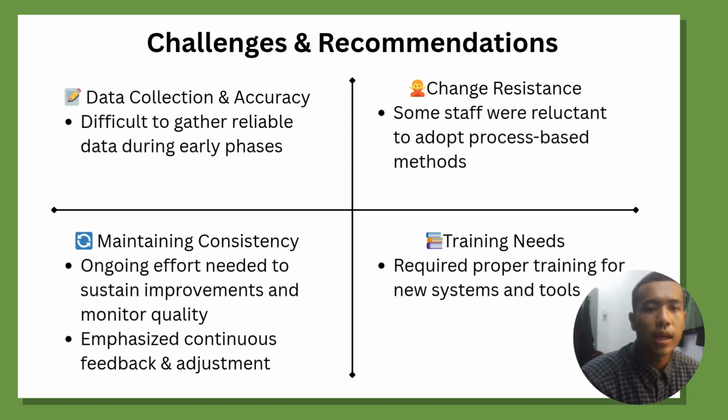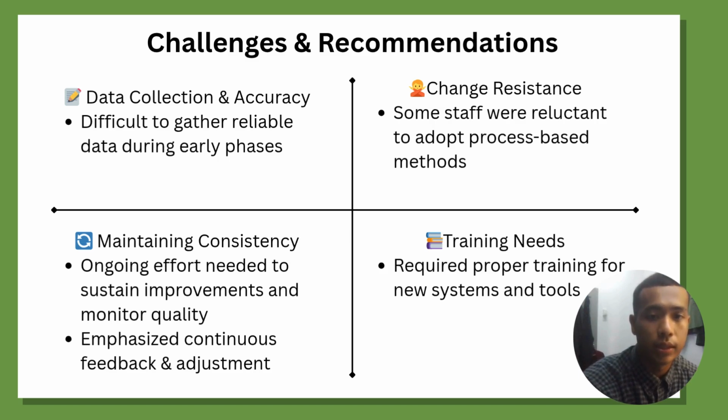Okay, challenge and recommendation have four. The first one is data collection and accuracy. The second one is change resistance, and the third one is maintaining consistency. And the last one is training need. For data collection and accuracy, we can say it is difficult to gather reliable data during the early phase.